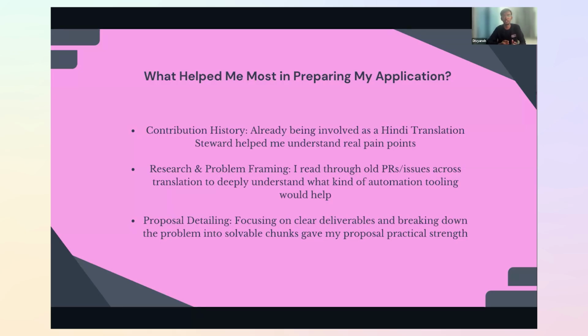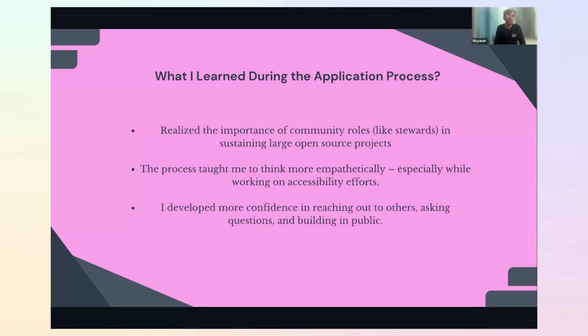Because this project is very big, I figured out what can be achieved during the next 175 hours, which is the actual GSoC timeline, and what is more likely to be helpful to the community, not writing everything and not actually doing something. So this is what helped me personally in preparing my application.